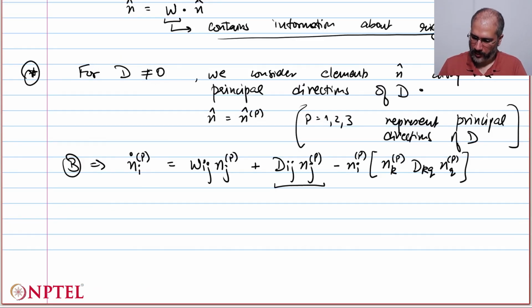Now this term, by the definition of principal directions, becomes the pth principal value times nip, and similarly this term becomes the pth principal value times nk. But we already have an npk here, so this dotted with this will become a 1.